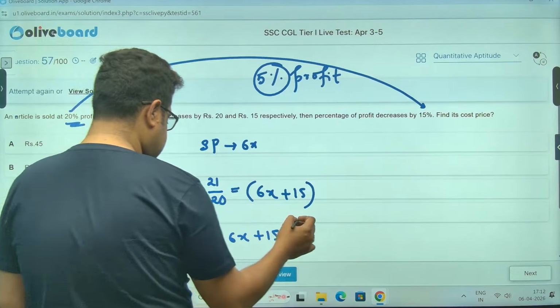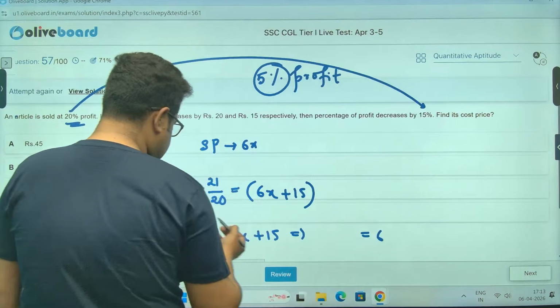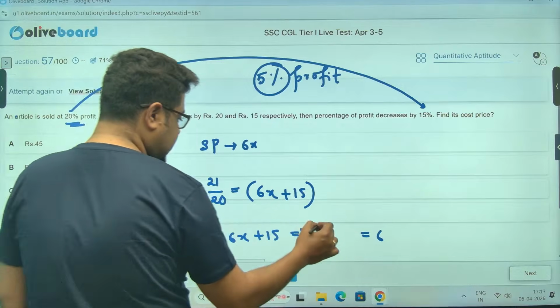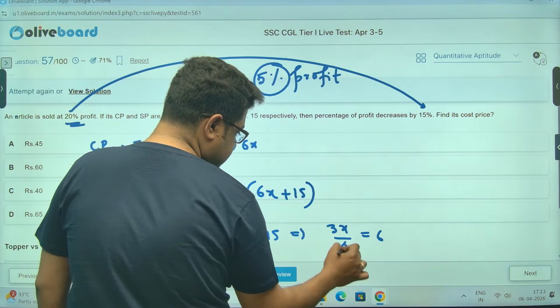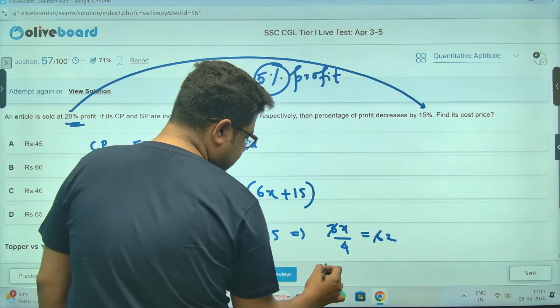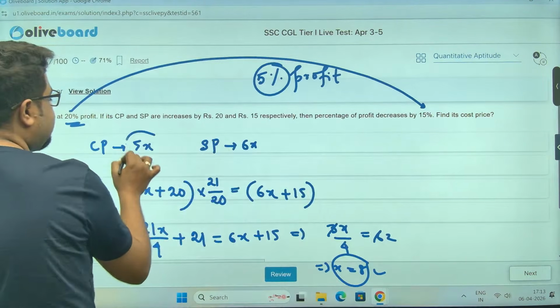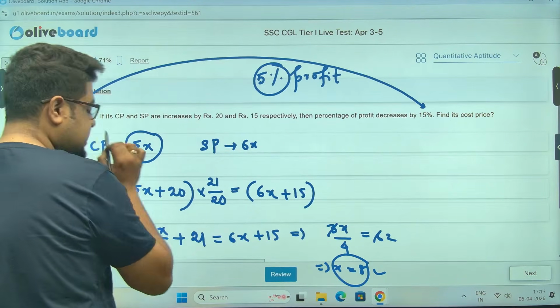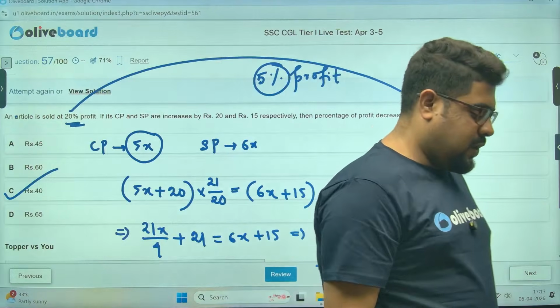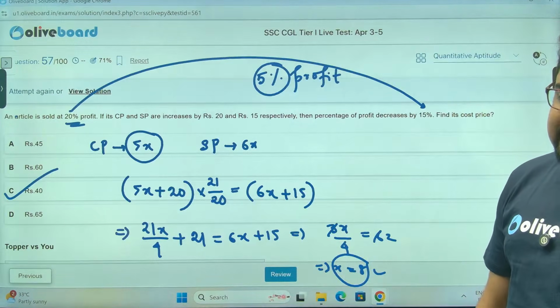So this is 6, sir, and this is going to be 24, 3x by 4. So x comes out to be 8. They are asking CP. CP was 5x, 5 8s are 40 rupees. Option C, 40 rupees will be your correct answer, sir.